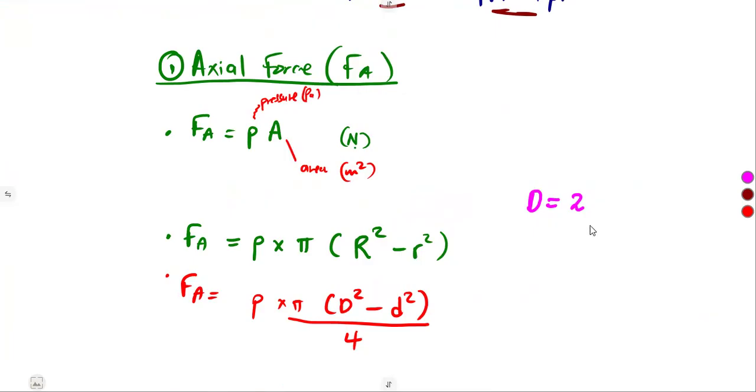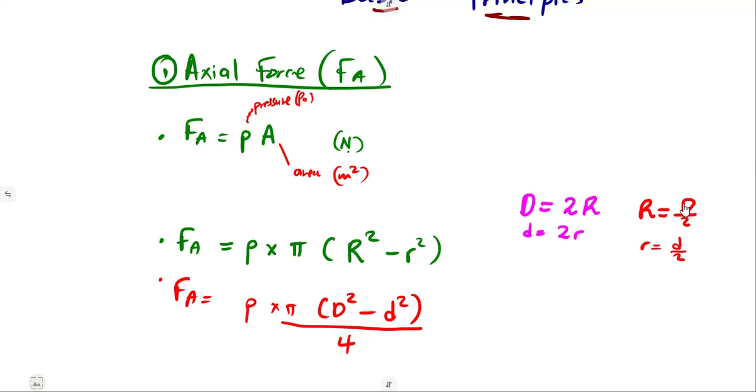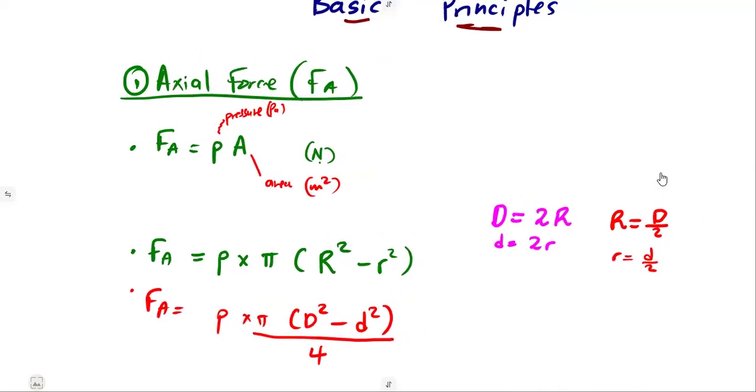So if it is the outer one, it is 2 times the outer radius. If it is the smaller one, it is 2 times the inner. Same concept. If we are given the diameter, we can calculate the radius, because diameter over 2 is going to give us radius. So it depends on what you're given. Learn to manipulate formulas. Engineering and mathematics, I said, guys, they go hand in hand. Your mathematical concept, let it be used.